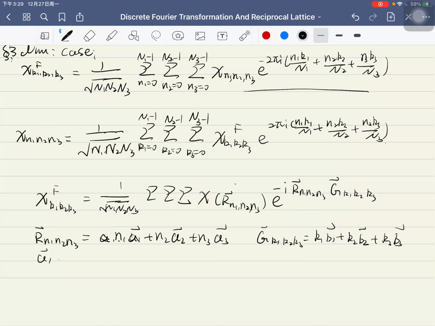And a1, a2, a3 are the primitive translational vectors.